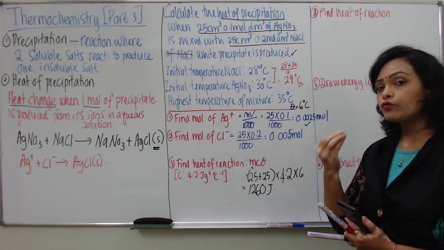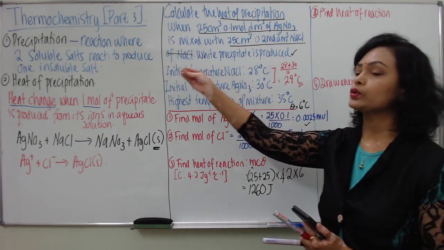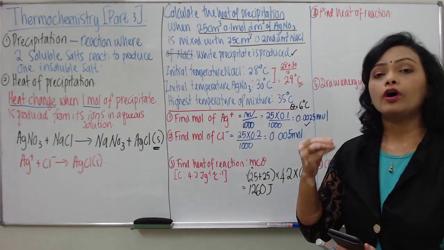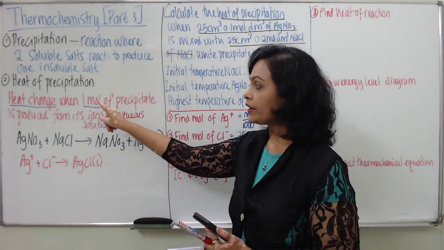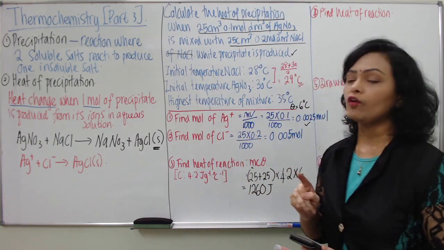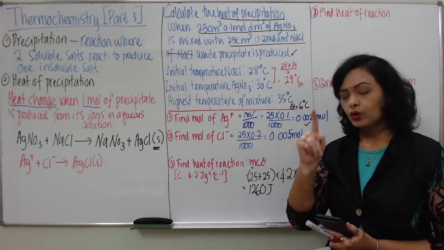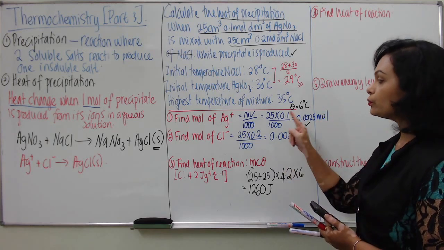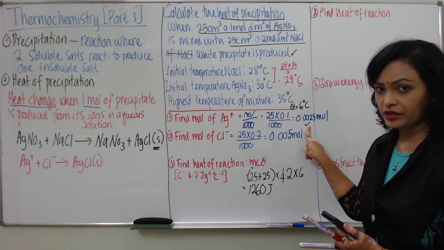Now, in order to find the heat of precipitation, I want students to go back to the general term for heat of precipitation, which is the heat change when 1 mole of precipitate is produced. Now, students, I told you that in this reaction, we are going to take the mole of argentum as the consideration.